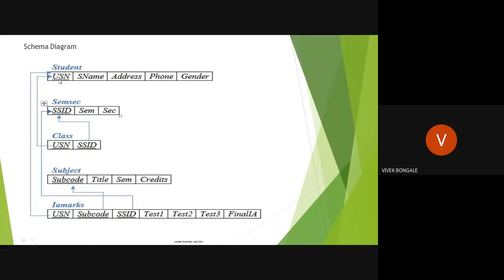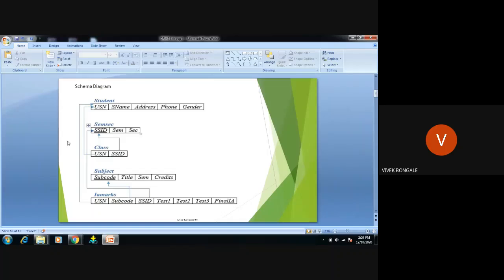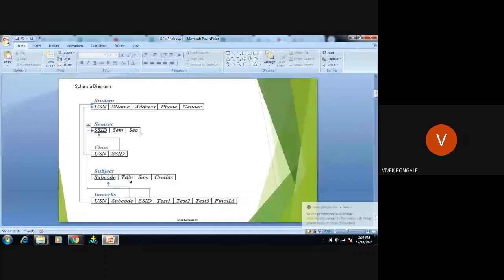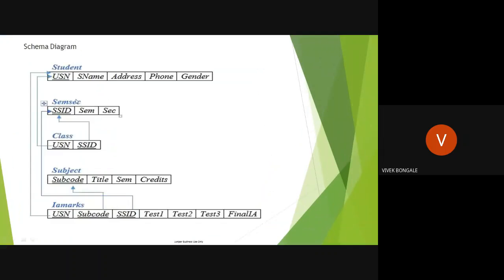We made USN the primary key here. So in the other table, the USN attribute acts as a foreign key, correct? The other attribute acting as a foreign key.